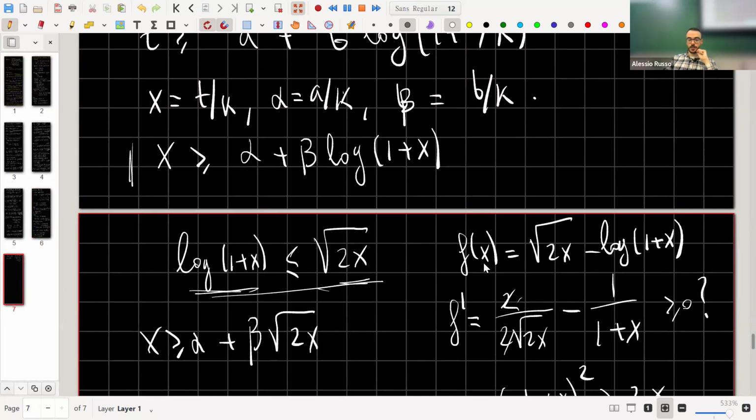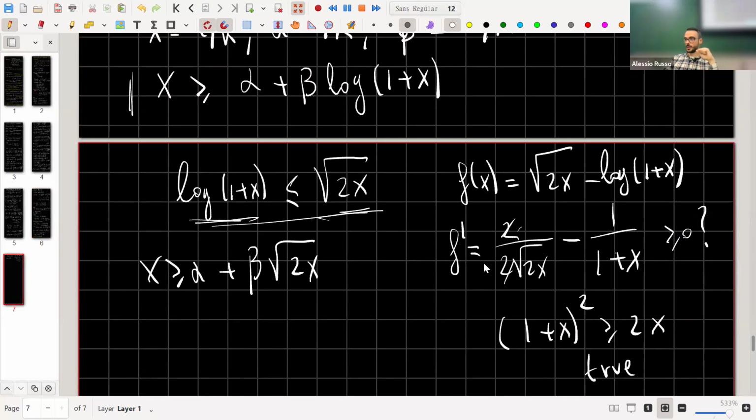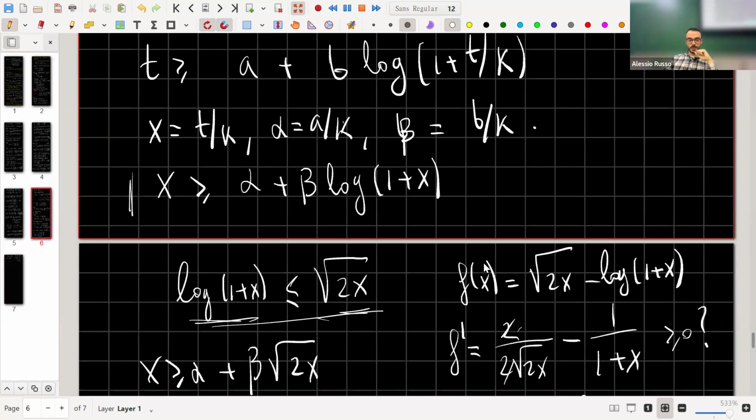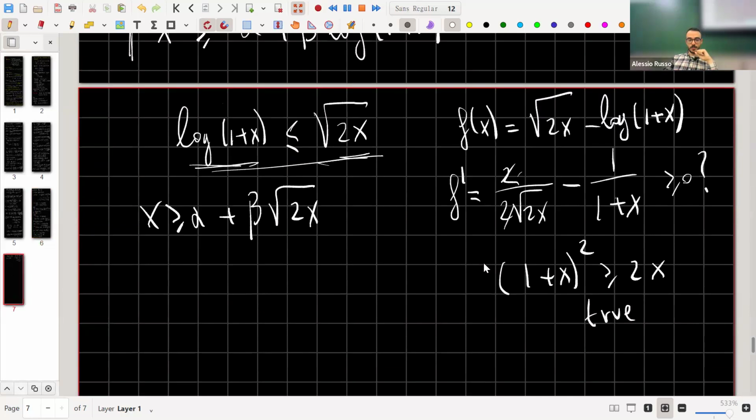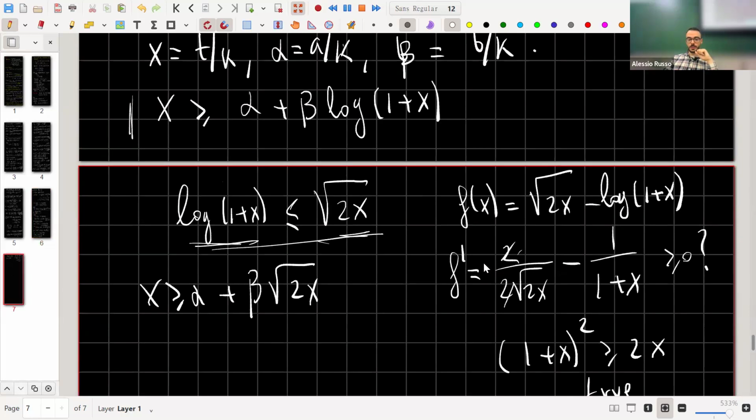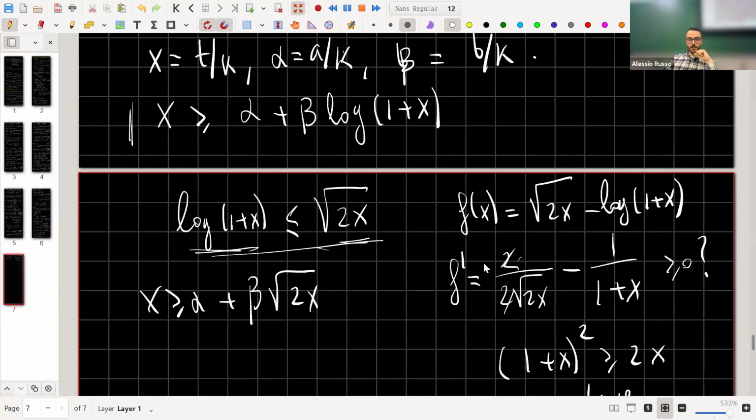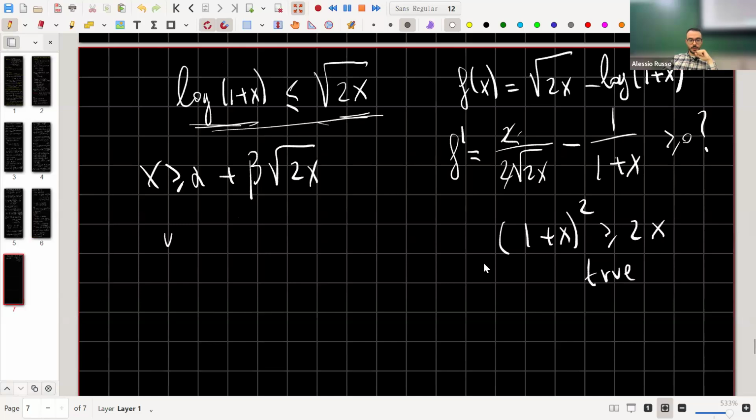So we are looking at this different inequality, which is a stronger inequality. Let's denote square root of x by y. So we have y squared minus beta square root of 2 y minus alpha bigger than or equal to 0.